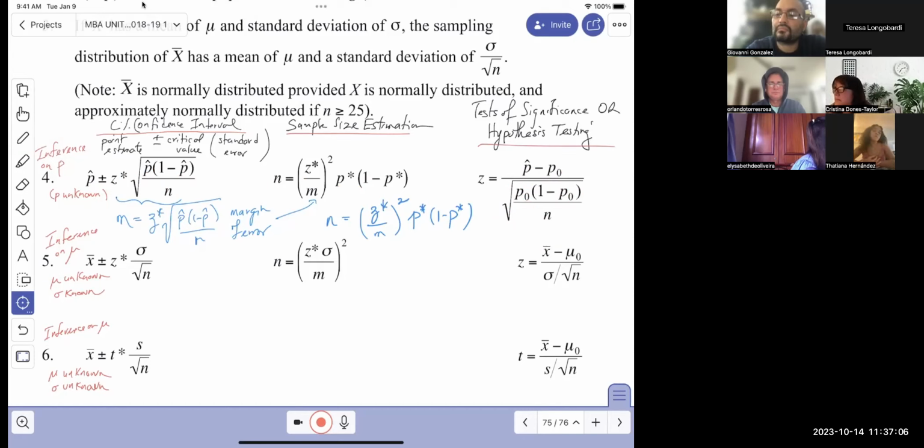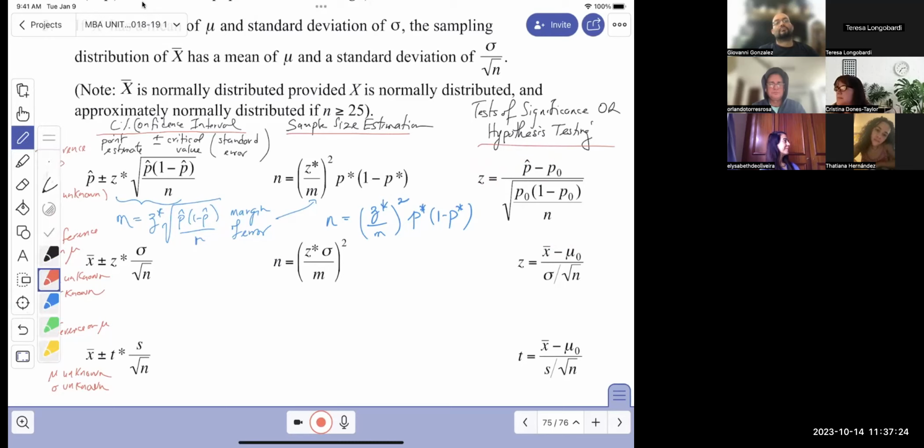And then we see this whole thing happening here. So what is this? And then this says Z. Why does this say Z? What is Z? Standardizing. This is standardizing. We're standardizing this to the standard normal.